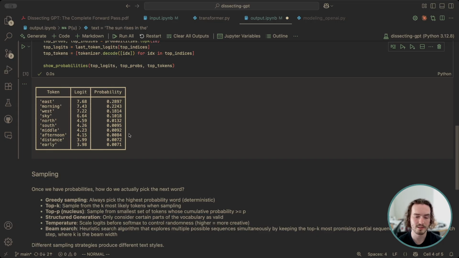If we want to guarantee that the model only says true or false, we can simply exclude the entire vocabulary that we pick from. So we have that 40,000 plus vocabulary. If we only consider true or false as valid things to select from, we can take the more likely one from there.